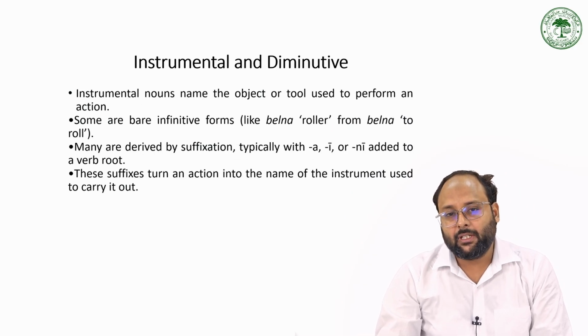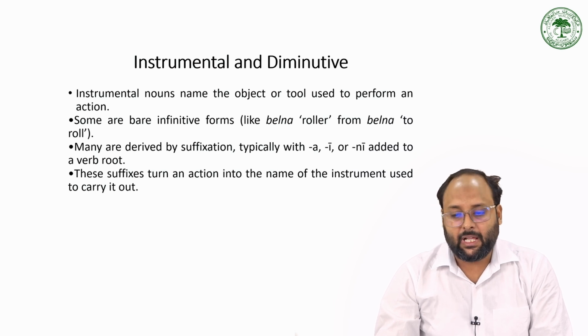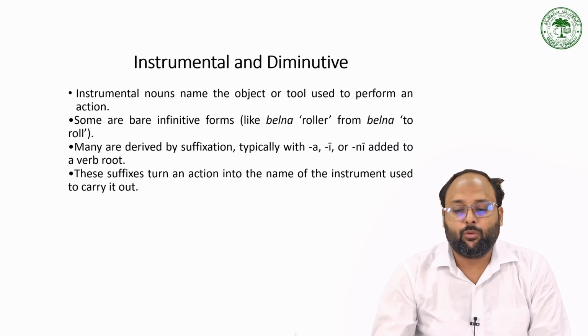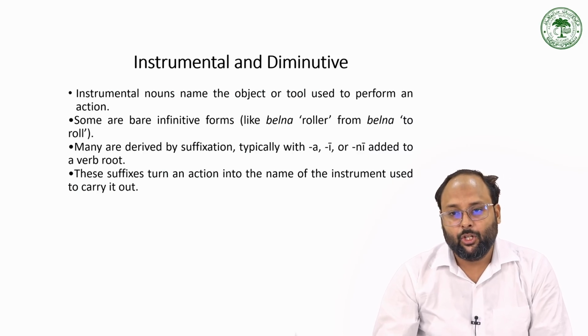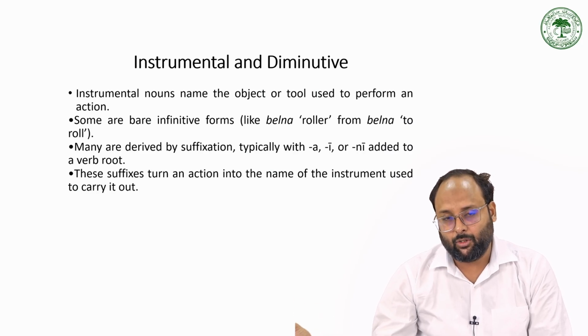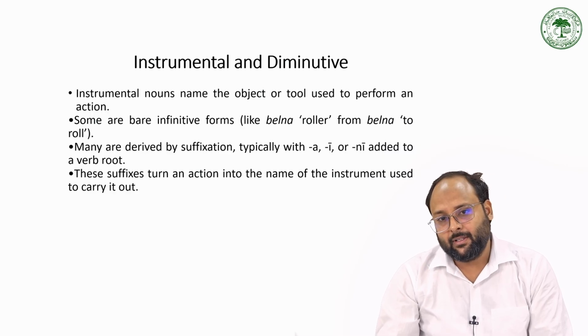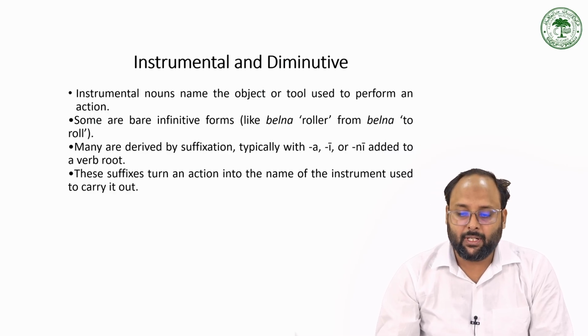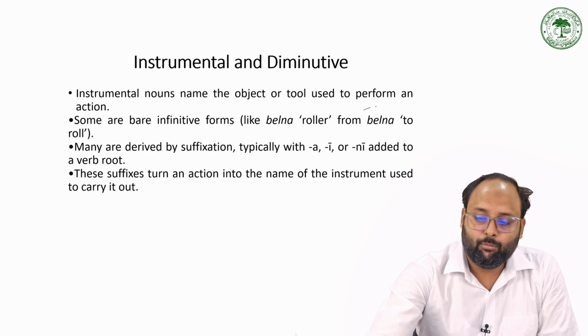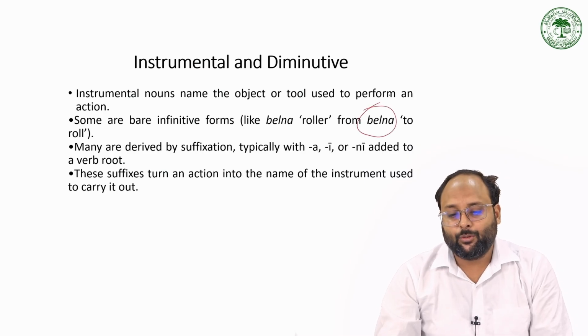Now come to the other types of noun derivation, which are called instrumental and diminutive. Instrumental nouns name the object or tools used to perform an action. Like from belna, we create belna.